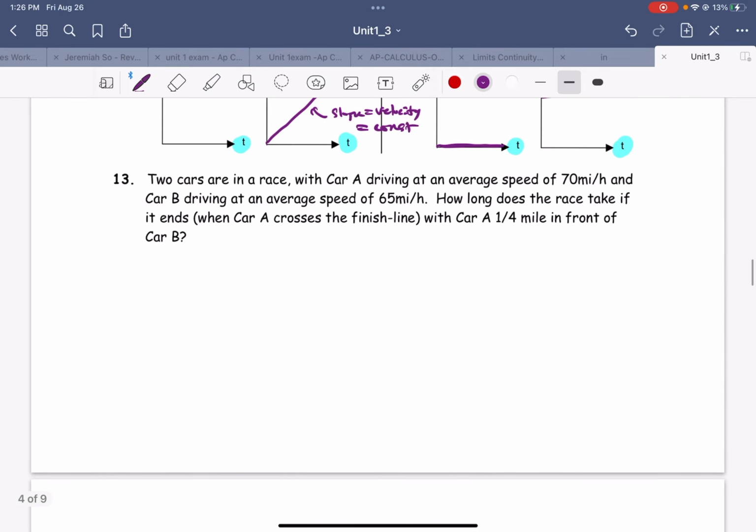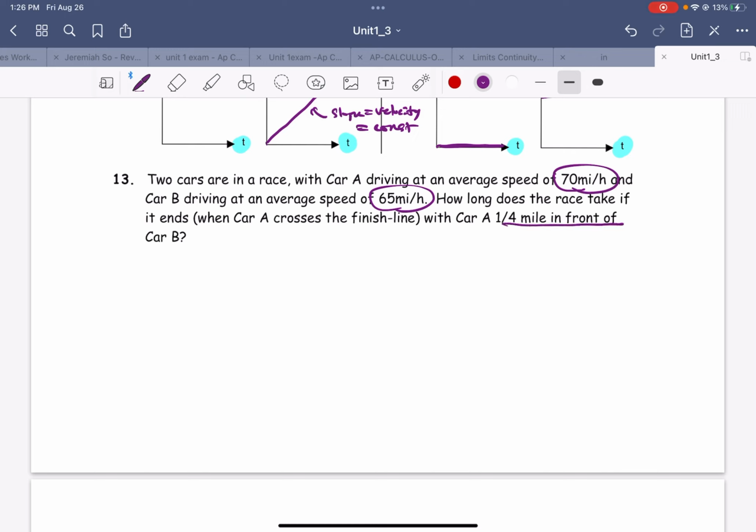Now the next one, number 13. Let's talk about the situation here. Two cars are in a race, and car A is driving at a constant average speed of 70 mph. Car B's average speed is a little slower, 65 mph. How long does the race take if it ends when car A crosses the finish line with car A a quarter mile in front of B?